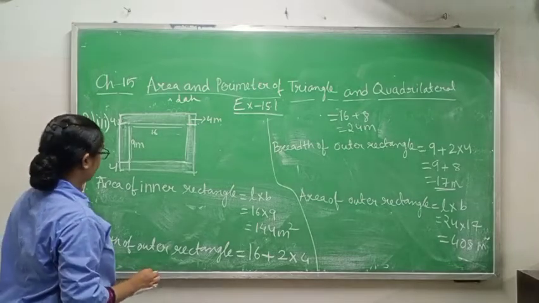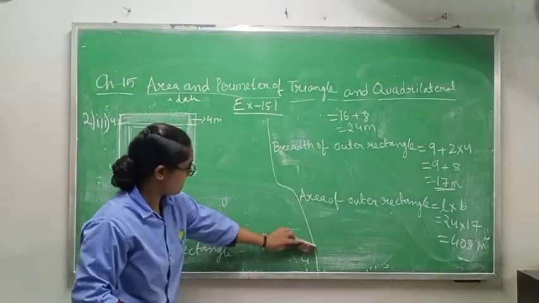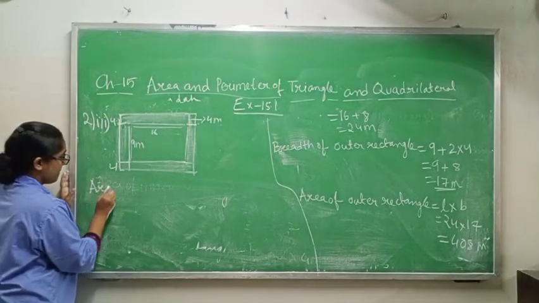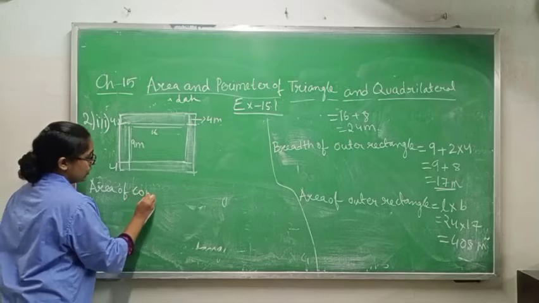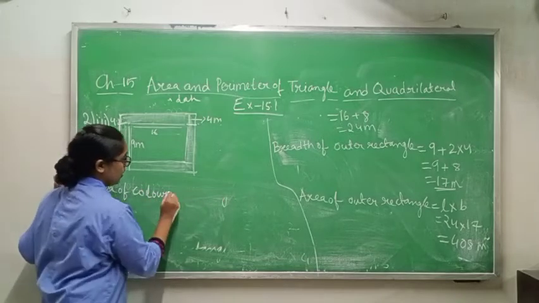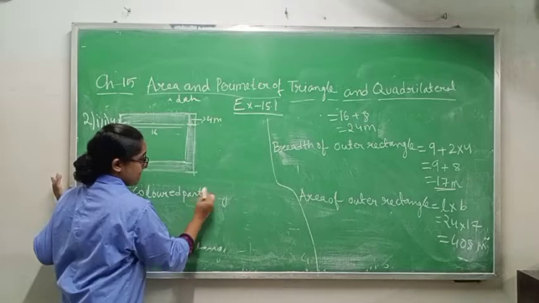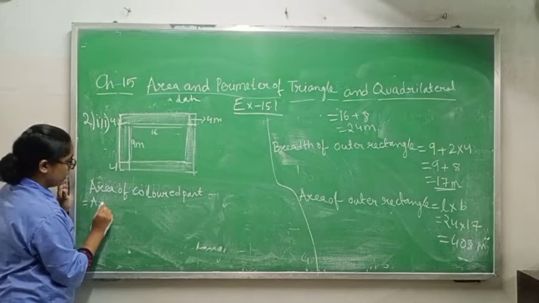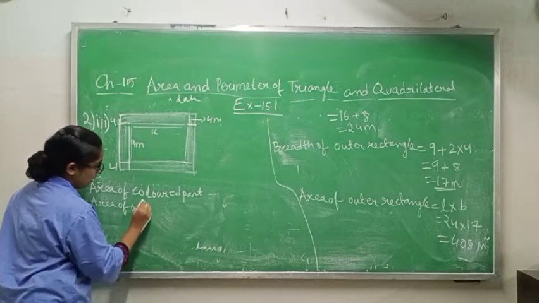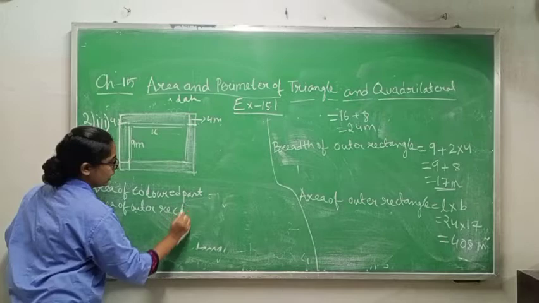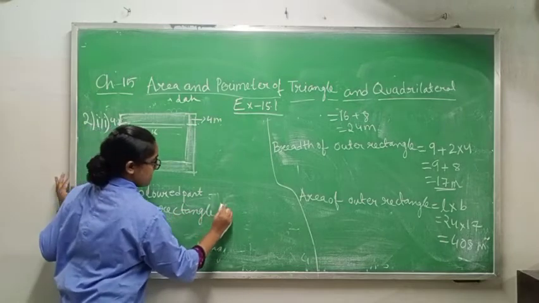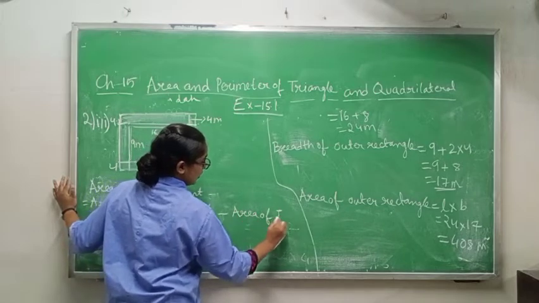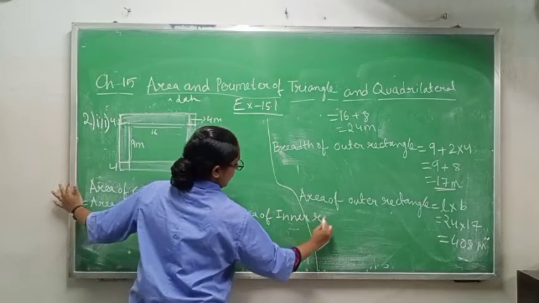So what you will write, I am rubbing this portion. Area of colored part equals to, you write equals to here also, area of outer rectangle minus area of inner rectangle.